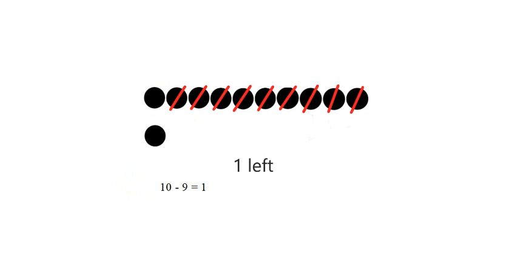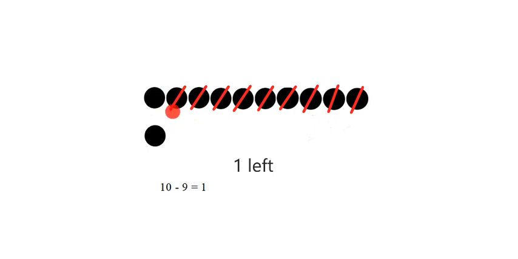Okay, you see guys that here are 10 circles. 1, 2, 3, 4, 5, 6, 7, 8, 9 and 10. And how many circles are taken out?